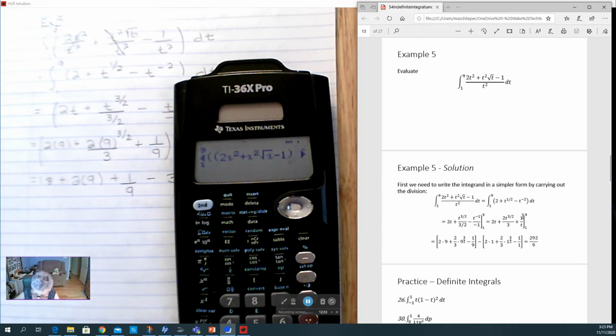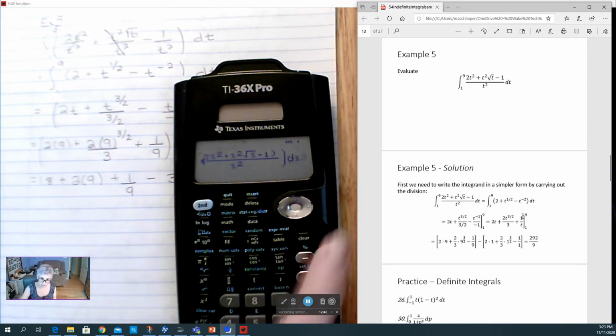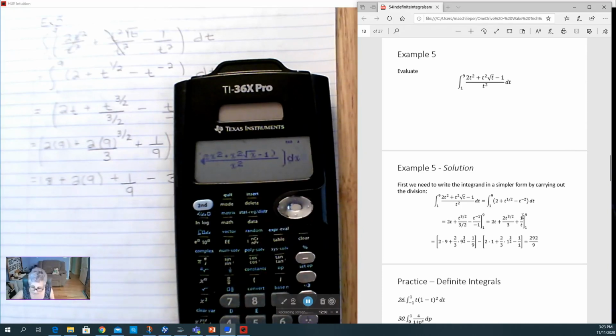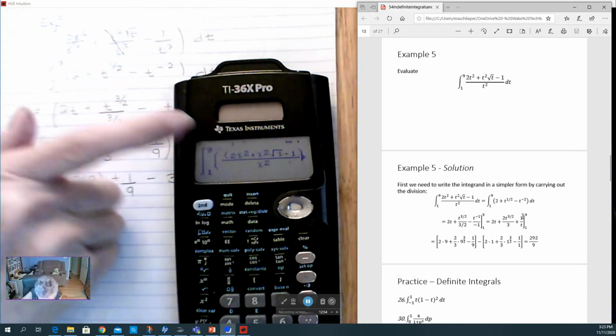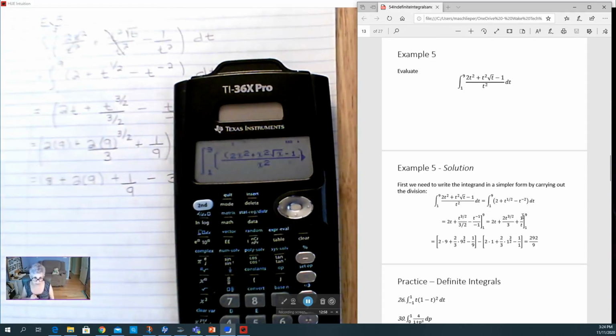Close that set of parentheses on top of x squared. Now you have to use x because it already has the differential for x in your calculator. And it has a little hourglass sitting up there that tells you it's working on it.